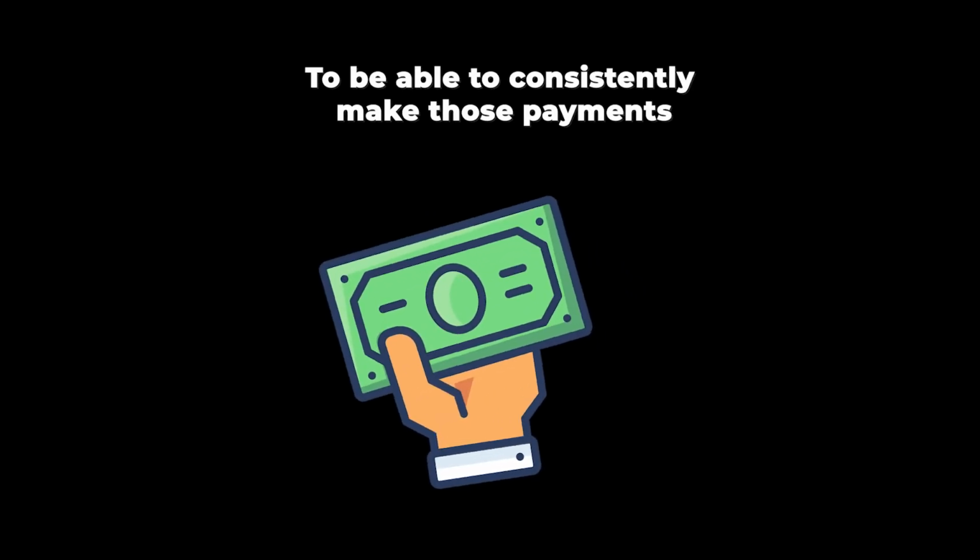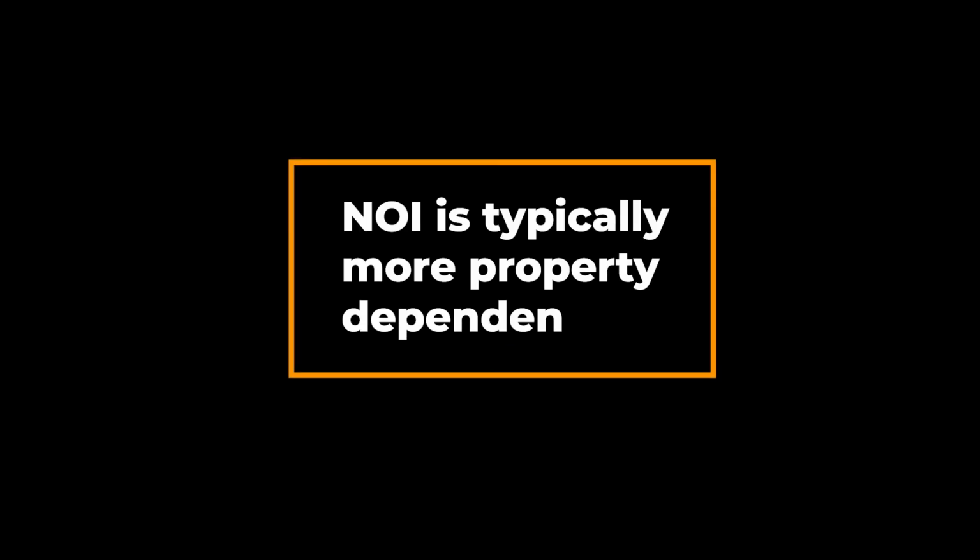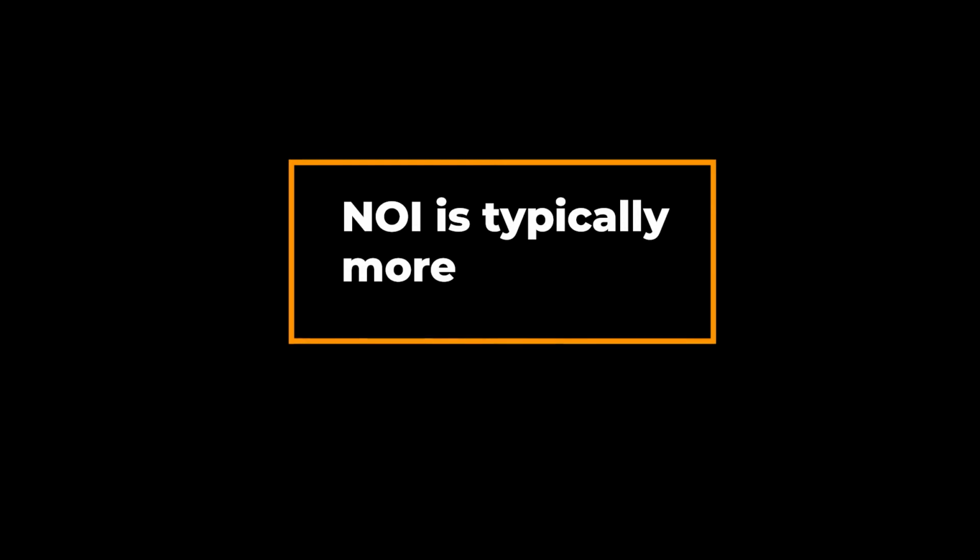One other thing that's important to note is that the DSCR is both property specific and buyer specific. Here's what I mean by that. If you take a look at the two metrics involved in the calculation, the NOI and the debt service, NOI is typically more property dependent. It is the NOI that the property in question is producing. But the debt service really depends on the buyer, whoever owns the property.